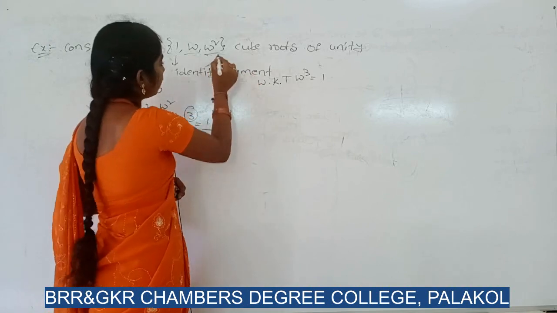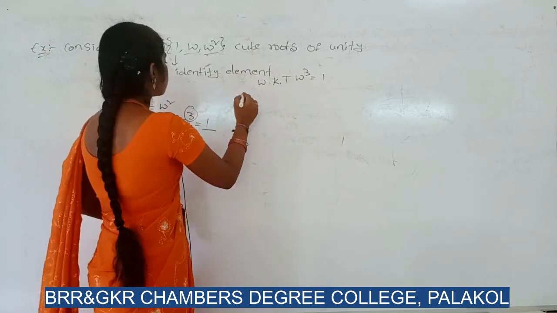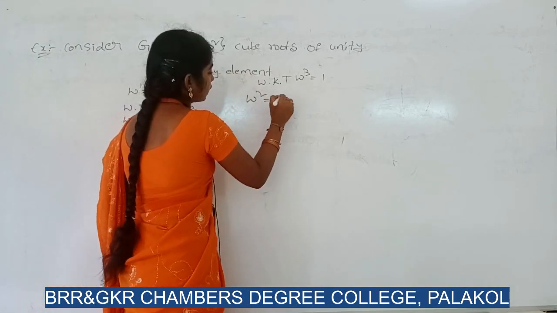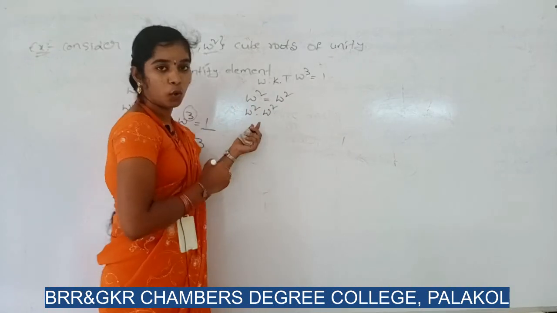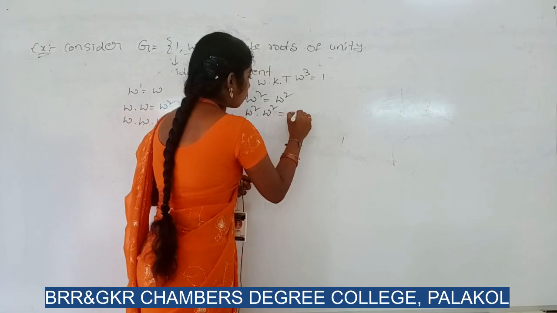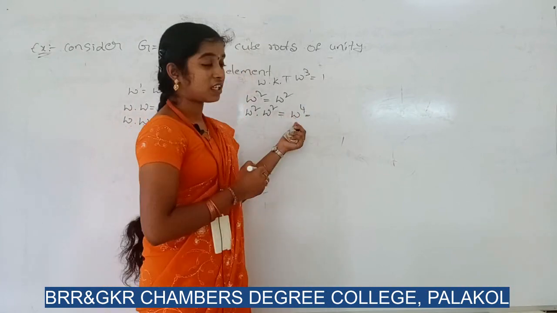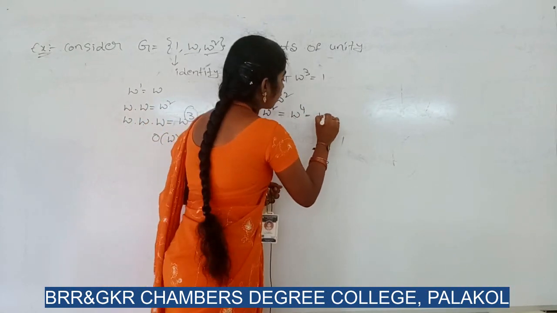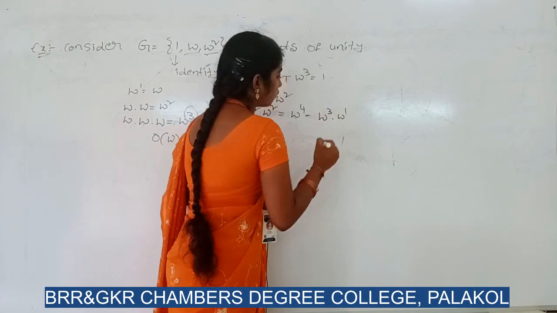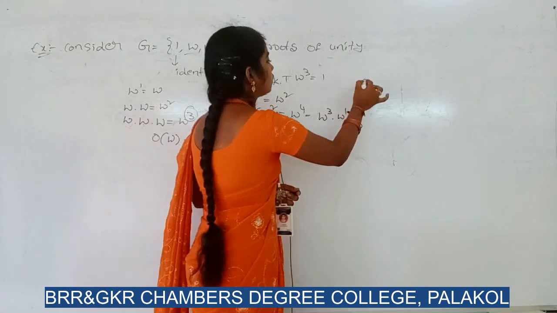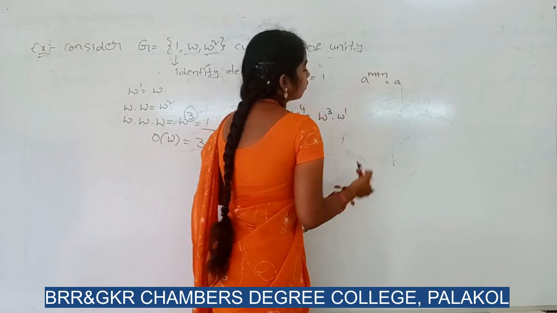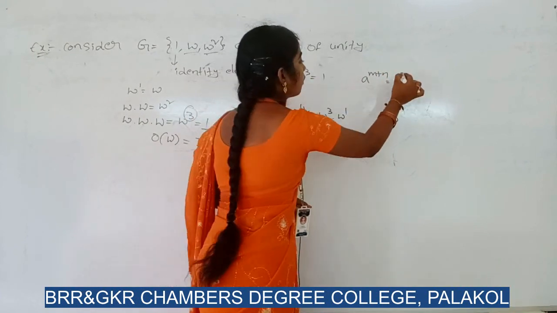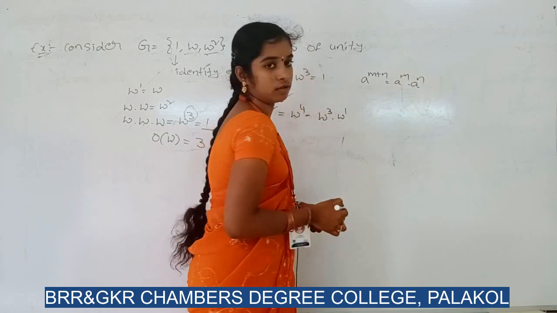Next you have to find the order of omega square. So omega square equal to omega square. Multiply one more time: omega square into omega square value is omega power 4. It can be written as omega cube into omega power 1, since a power (m plus n) can be written as a power m into a power n.